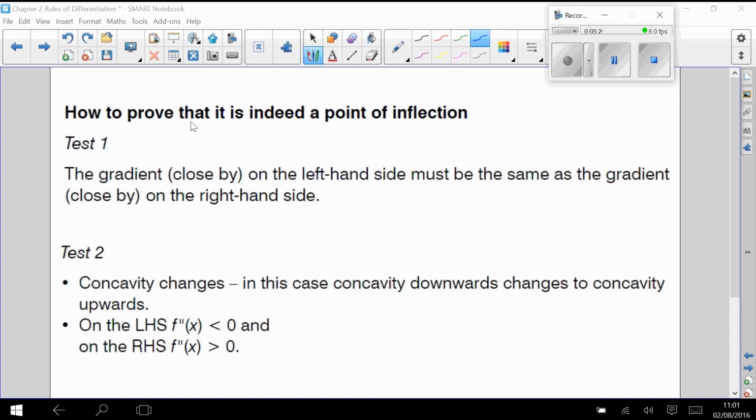So the first test tests the gradient, in other words, the first derivative, and close to this x value, I must have the same gradient on both sides. The second test, we said, tested the concavity, and this means that on the one side, my concavity must be concave down, and on the other side, concave up.